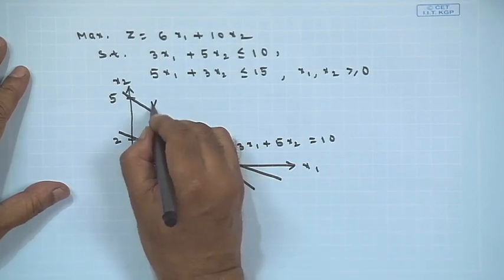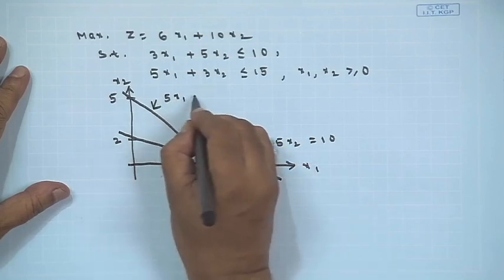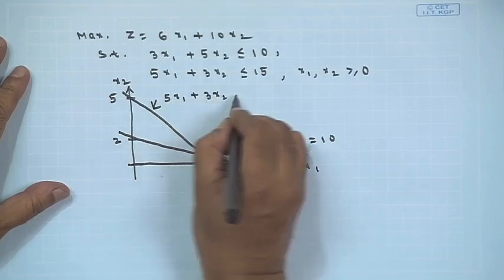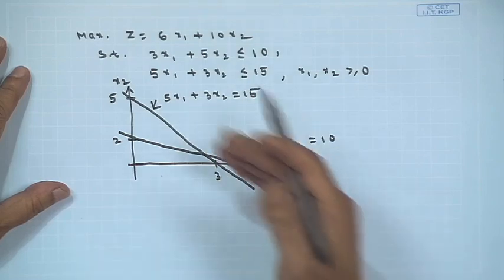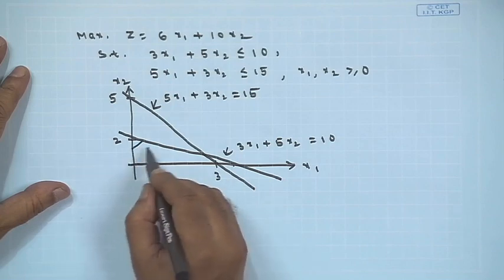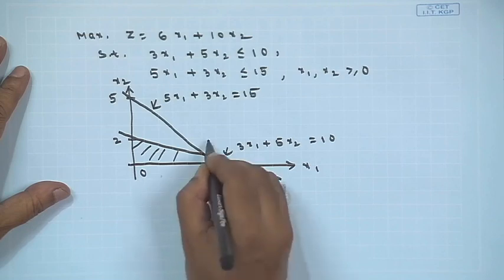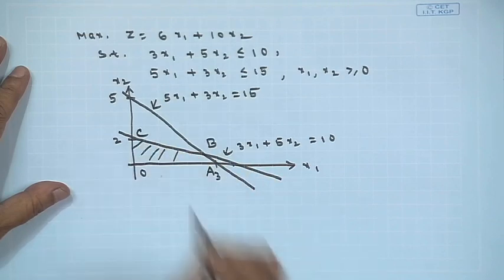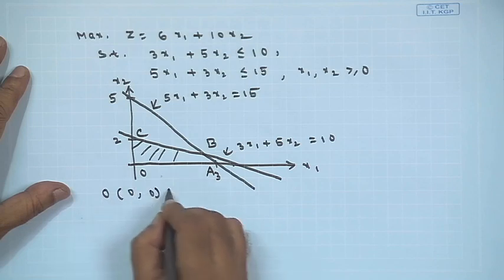So, here also both are less than or equal to. So, I am giving the direction, it is 5 x1 plus 3 x2 equals 15. So, this is on this side. So, the feasible region is quite clear. The feasible region is this one. Extreme points are O, A, B and C. Your point O is (0, 0).